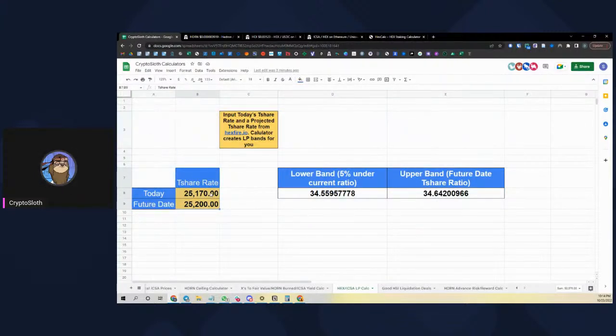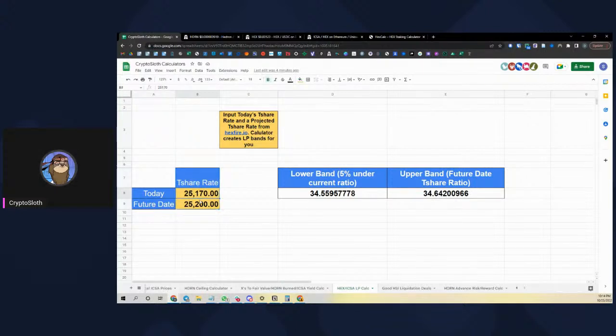Like I was saying in my Hex Endgame stream when I went into the benefits of providing liquidity on the Hex to icosa pair, one of the important aspects is that if the icosa price tracks the ceiling price in Hex terms, then the only thing that really matters in terms of whether the price of icosa will leave a given range or increase is the T-share rate.